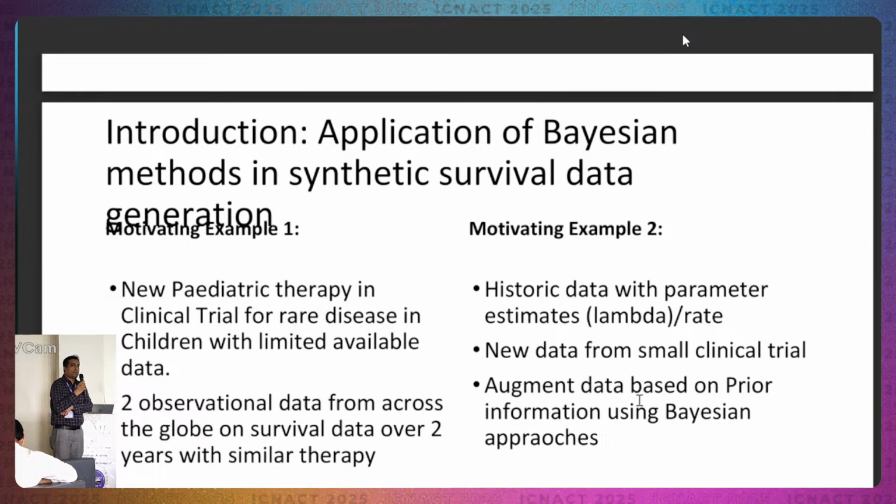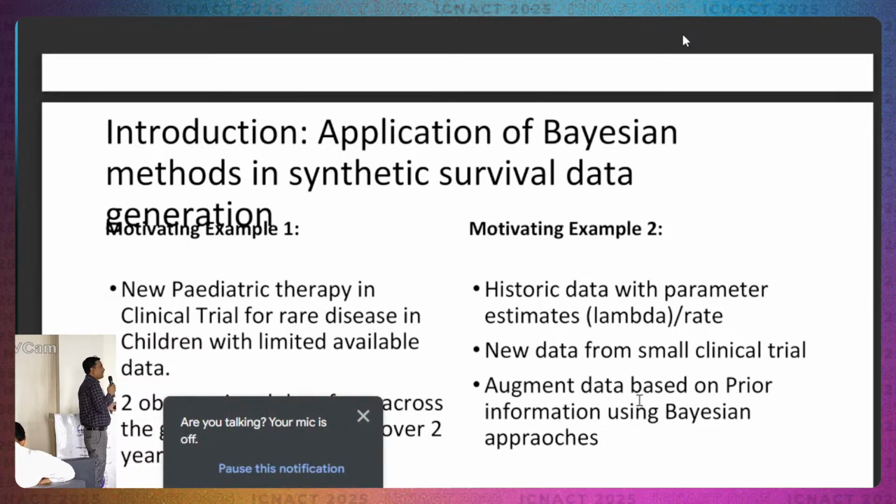So, with the limited amount of data that we get, how can we utilize it to come up with simulated data that could mimic the real world scenario, so that we can estimate sample sizes better? This has a huge impact, because if we get the sample size wrong, it could mean that our trial is not powerful, and it is a huge loss in terms of economics as well as patient safety concern.